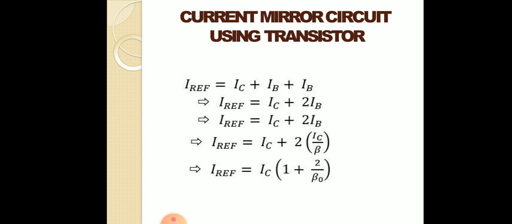This is the current mirror circuit using transistor. IREF is equal to IC plus IB plus IB, so IREF is equal to IC plus 2 IB, and IREF is equal to IC plus 2 times IC divided by beta. IREF is equal to IC times (1 plus 2 by beta).